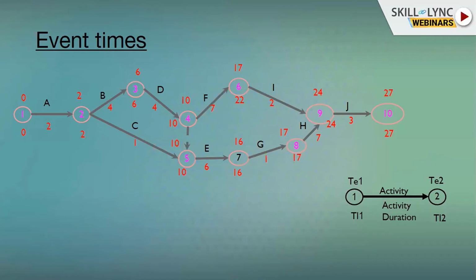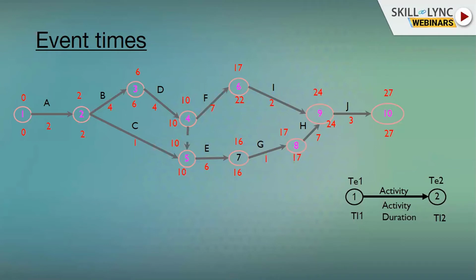That means there is a play of 5 days in the happening of event 6, which means even if we change the happening from 17 to 22, the complete path duration will not change.